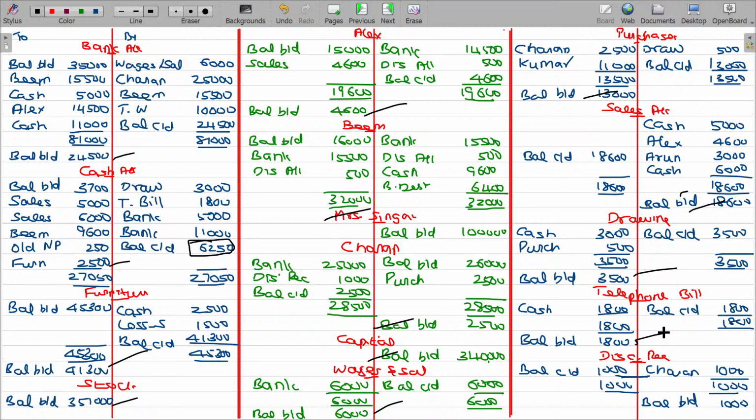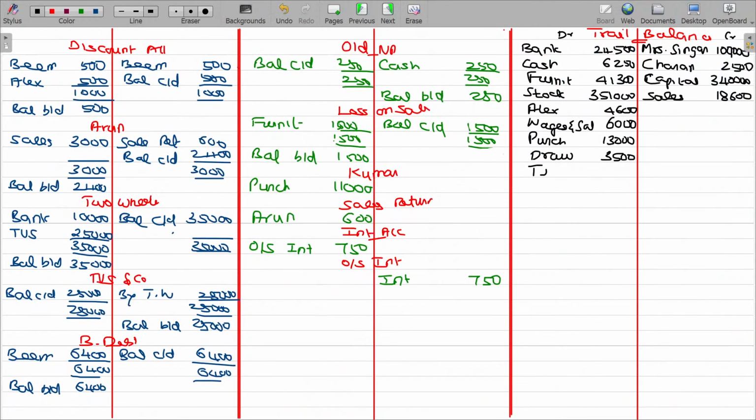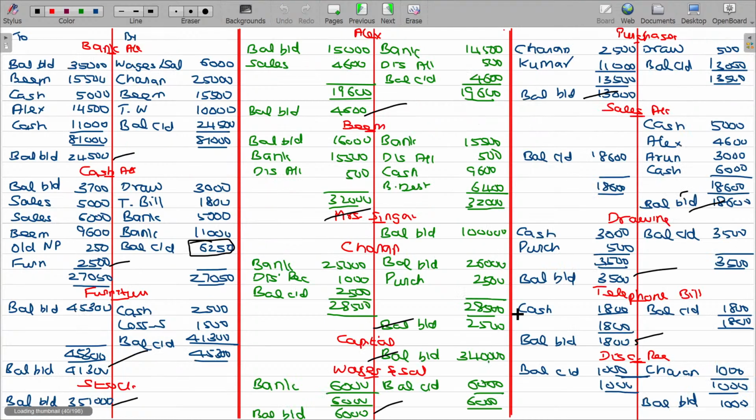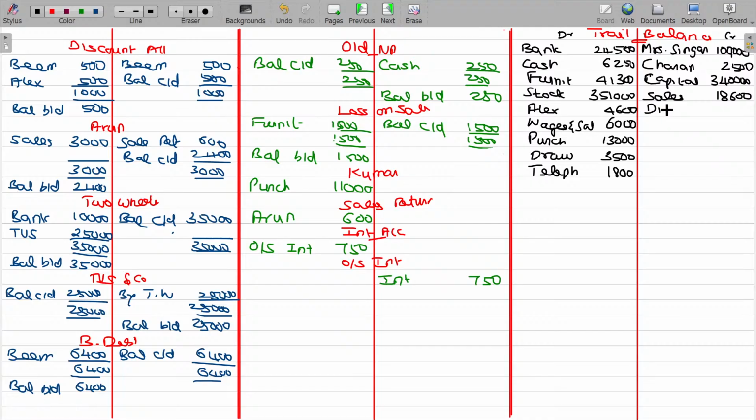Telephone bill 1,800 debit side. Discount received credit side 1,000. Discount allowed debit side 500. Arun debit balance 2,400.